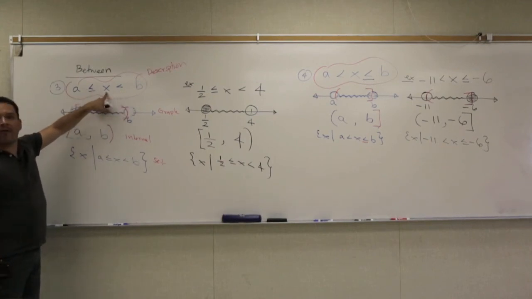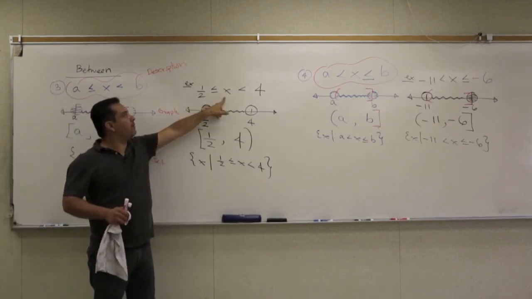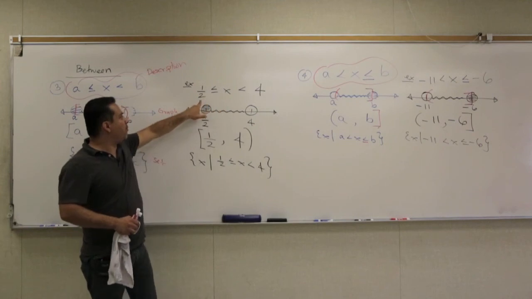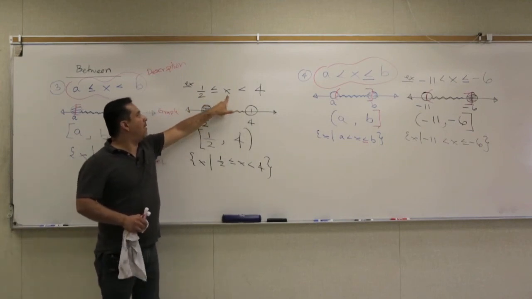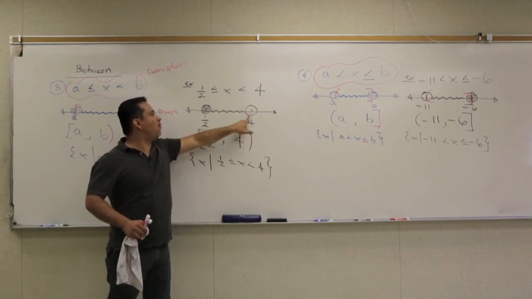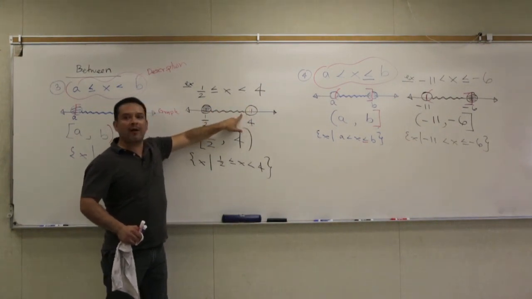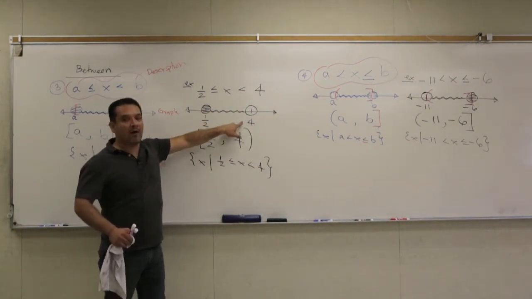Because this is kind of how it feels, right? Let's look at this example. We're trying to describe numbers that are really what? Between 1/2 and 4. In one case, x is smaller than 4. So we're shading numbers. Here's 4. Being smaller than 4 means you're talking about numbers to the left of 4.